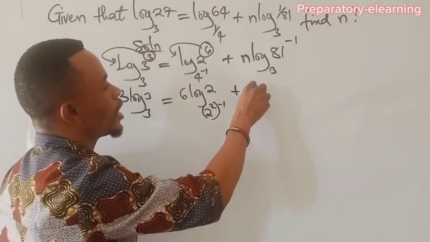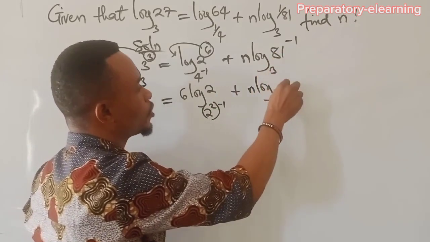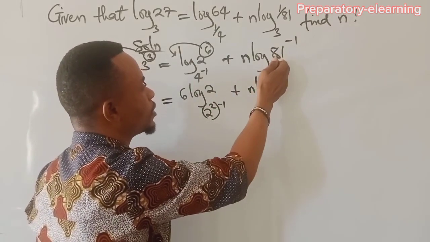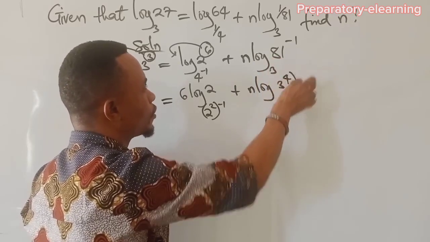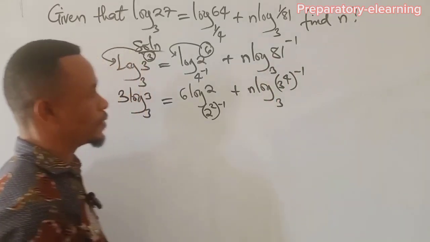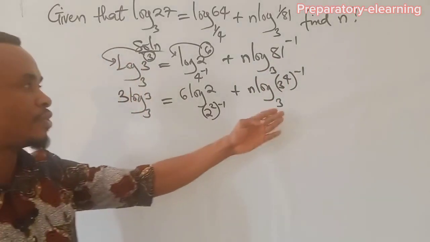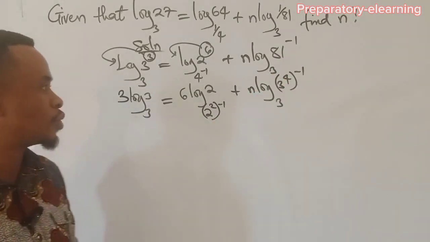Plus here we have n log 81 is what? That's 81. Break it down. We have 3 power 4 into power minus 1 base 3. You know, 81 is 3 times 3 times 3 times 3. 3 into 4 places is 81 power minus 1.